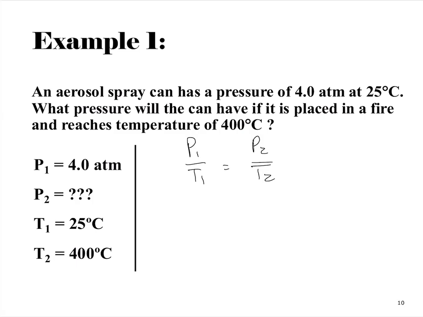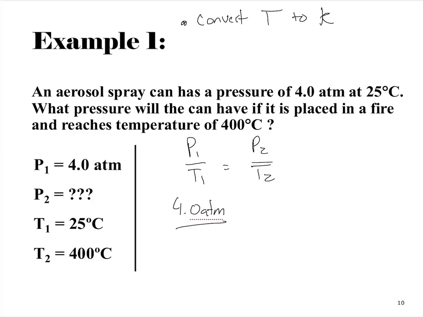Yep, initially we're at a pressure of 4 atmospheres and a temperature of 25 degrees Celsius. One thing I'll note is that if you're looking at a change in temperature, you usually don't have to convert to Kelvin, but when you're dealing with gas laws, it's always a good idea to convert temperature to Kelvin.